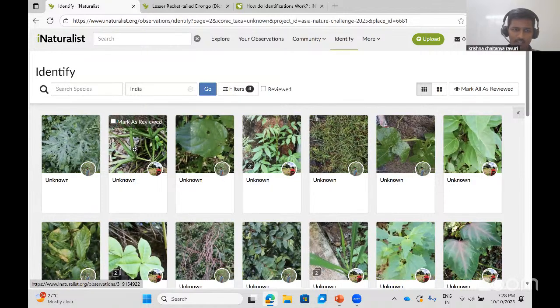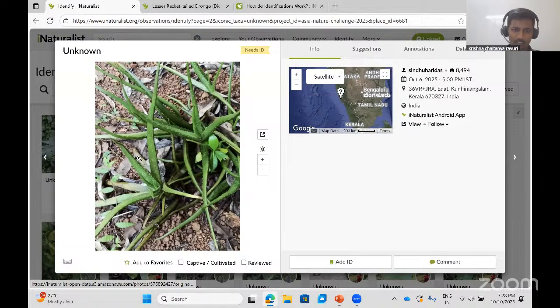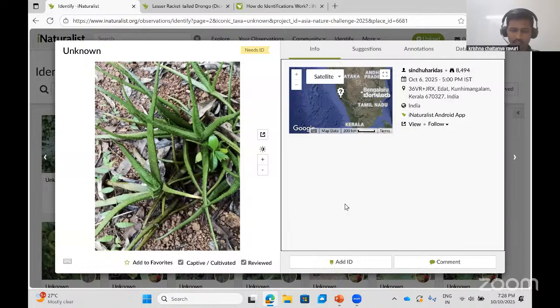Yeah, so here we see an aloe vera plant. So this was most likely planted at that spot. So it should be marked as captive or cultivated. So the shortcut for that is X. And yeah, so this is very handy.